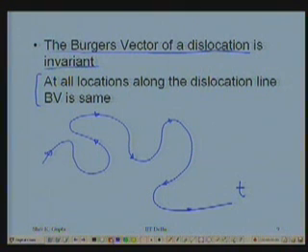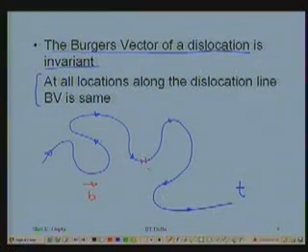Let us say the B vector of the dislocation line is this, right? At this location, can you tell me what is this segment of the dislocation line which is marked? What is the characteristic of the dislocation line there? So it is screw. B and T both are parallel and it would be positive screw.